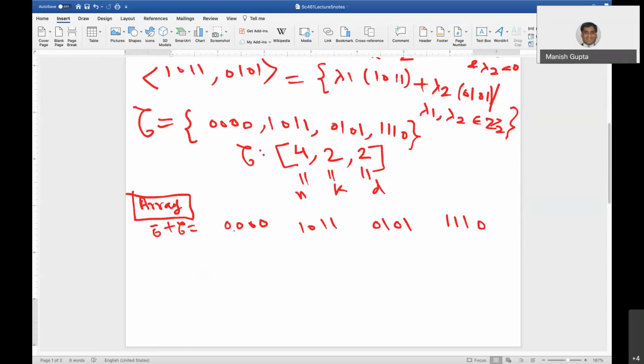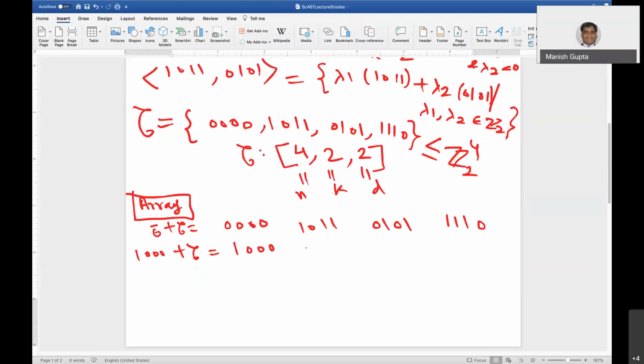Now we know that C is a subspace of Z2 raised to power 4. There are 16 vectors. So I can take any vector of weight 1 in Z2 raised to power 4. I take 1 0 0 0 plus C and see what happens. When I add it to C, what will be the first vector? 1 0 0 0, right?